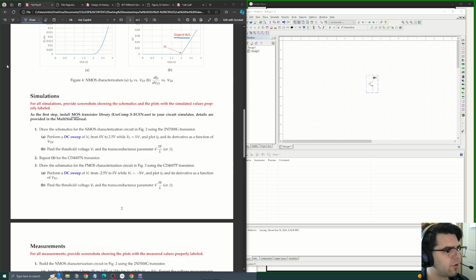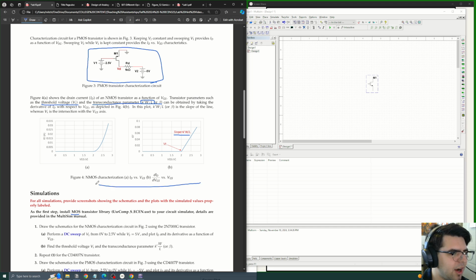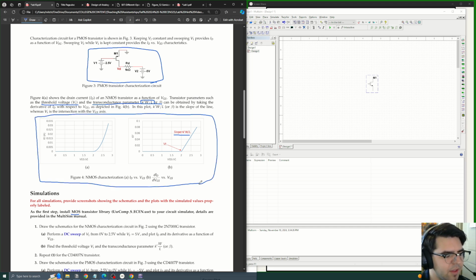After this, it works very similarly to Lab 7 with the BJTs. You'll draw the schematic, perform the DC sweep, export the data to Excel, and then go through finding the threshold voltage VT and the transconductance parameter as we talked about before up here when we were doing the characterization.